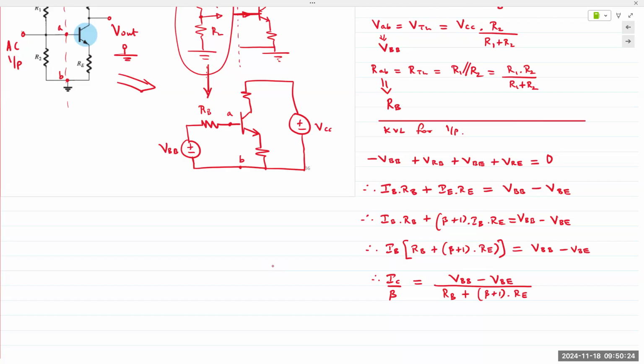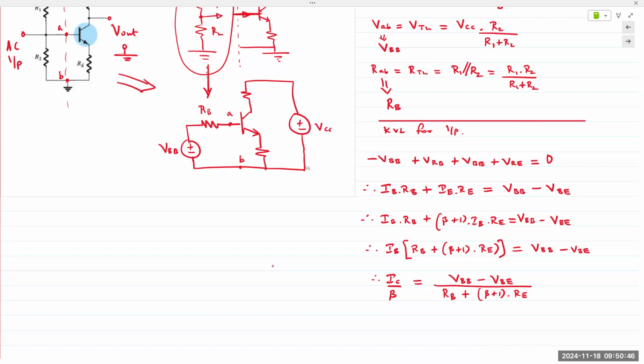You're designing this and you want to sell this amplifier in the consumer market. You will source your transistors from manufacturers, and you buy hundreds of thousands of transistors, millions of transistors. No two transistors will have the exact same beta. Even if it's the exact same model, there will be a variation in the beta, right?